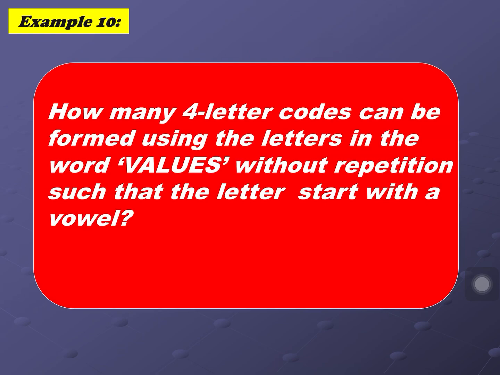Okay, example 10. How many 4-letter codes can be formed using the letters in the word VALUES without repetition such that the letters start with a vowel? What is a vowel? The vowels are A, U, and E. Because the question says it should be 4-letter codes, we have 4 blanks.